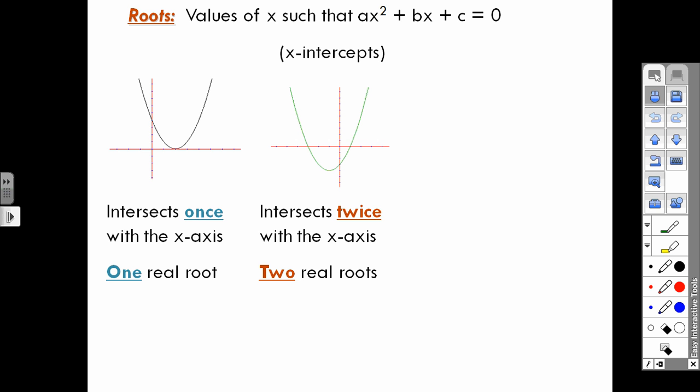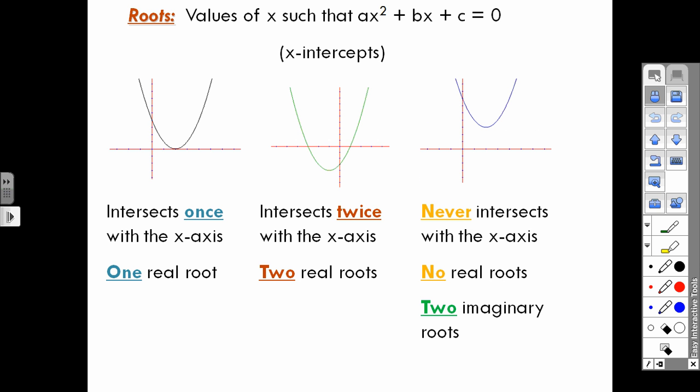And the third option is what if your parabola is placed in such a way that it never crosses the x-axis? Well, then you don't have any real roots, but what you do have are two imaginary roots, and in fact, they will be complex conjugates of each other, so that's kind of interesting.